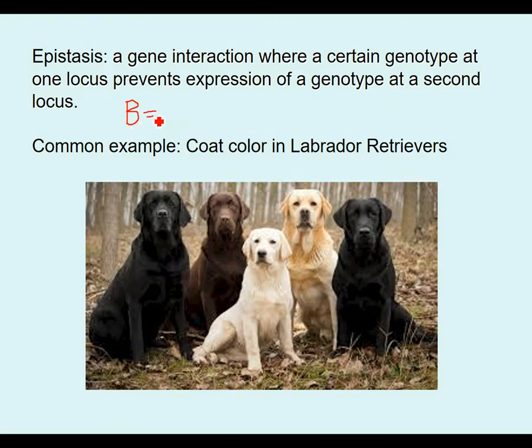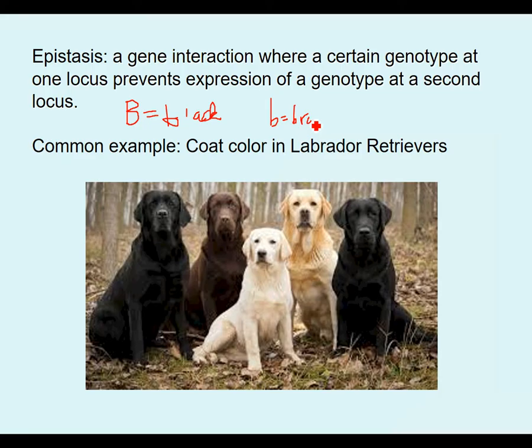And maybe you could think of the locus B representing the color, black or brown. Where black is dominant and brown is the recessive, so to speak. So big B is black, little b is brown.